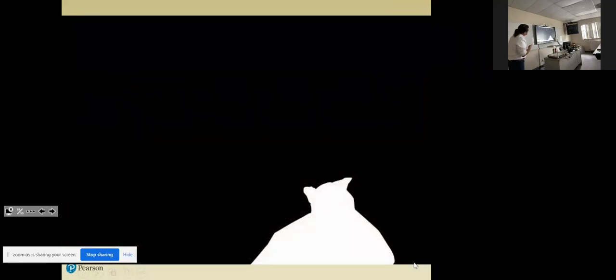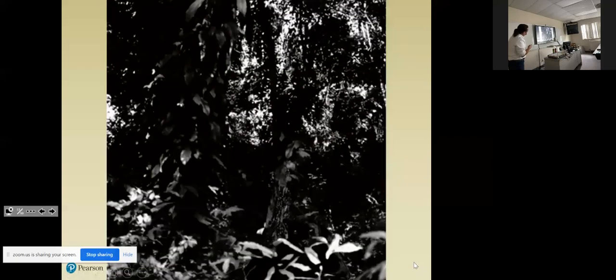So look in that area that I have highlighted and tell me what you see now. You see it now? Nothing? Can't see it? Right there, a panther, right? You see it now?